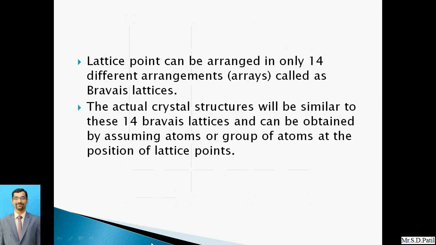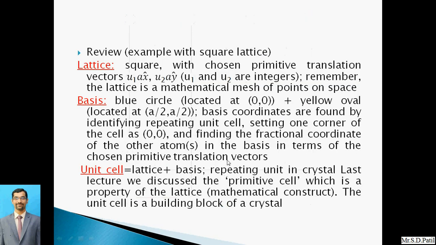And what is the meaning of basis? Blue circles located at 0 0 plus yellow ovals located at a/2, a/2. The basis coordinates are found from the identical repeating unit cell, setting one corner of the cell as 0 0 and finding the fractional coordinates of the other atoms.